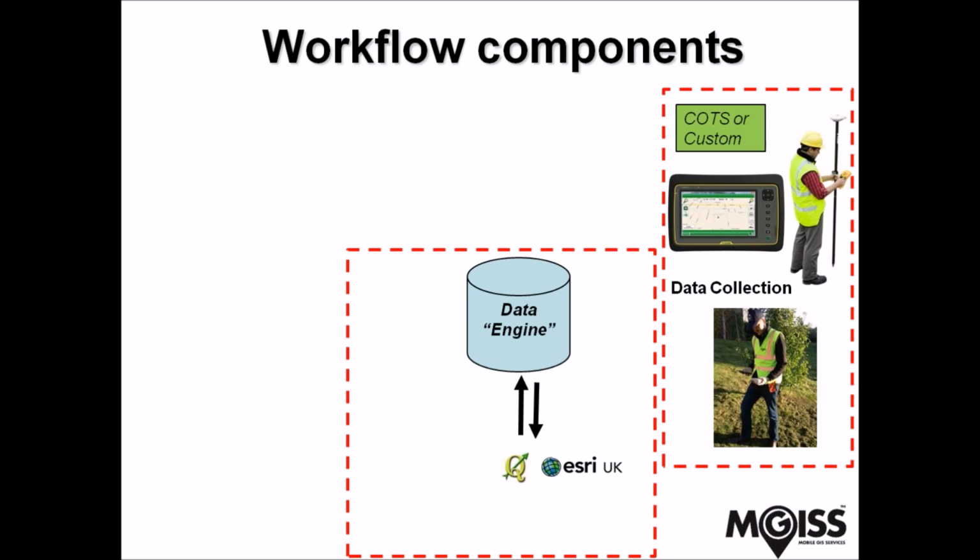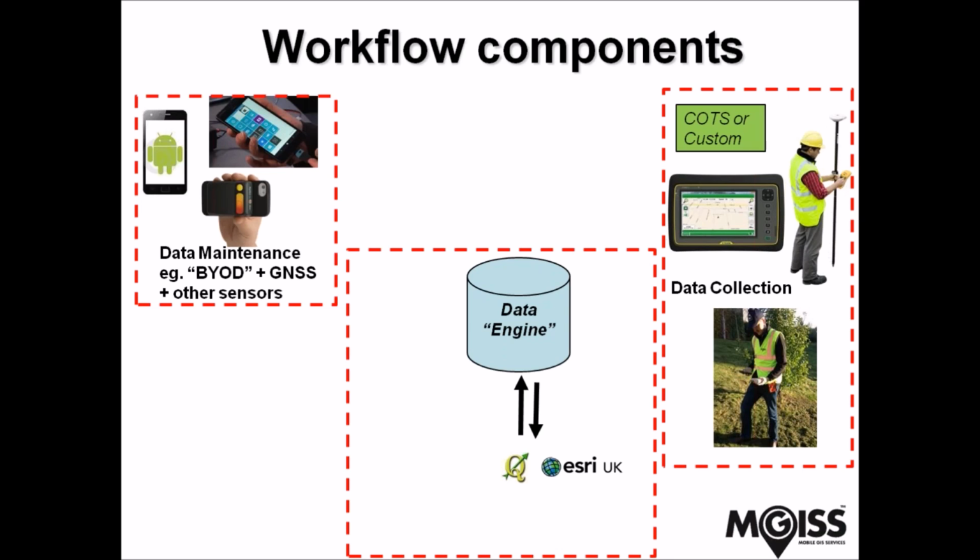So you've got a link between your database and field operatives, either via a connected or a disconnected means, so that they can take either a blank form or a partially populated data form into the field and capture high accuracy positional information and other attributes, whether it's data, whether it's images, whether it's a combination of the two, and bring that back into the data engine.